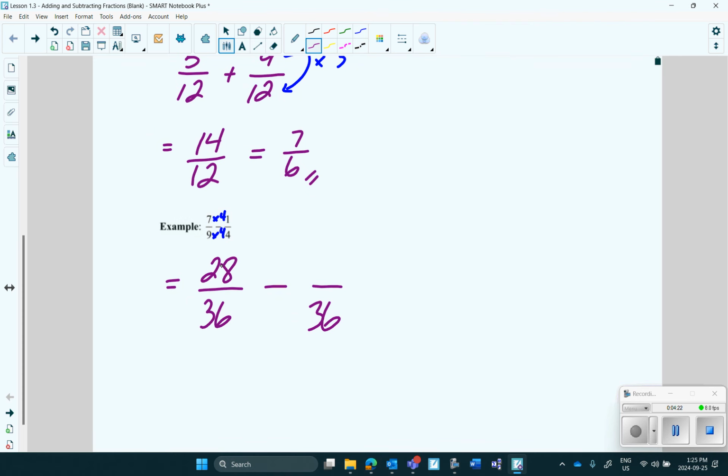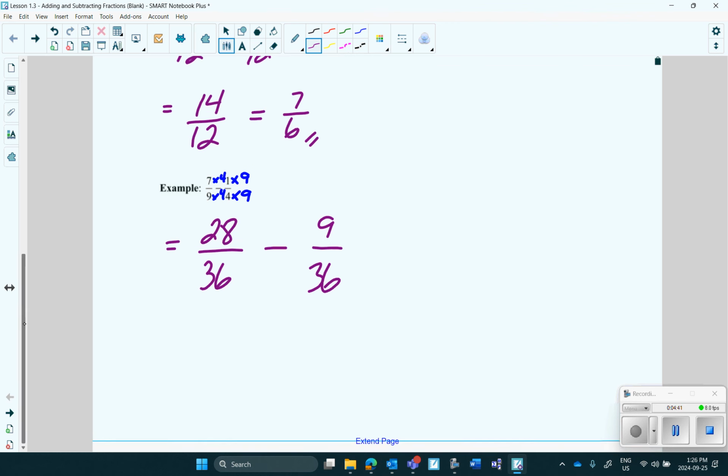And then for the second one, to get from 4 to 36, I have to multiply by 9, which means I got to multiply the numerator by 9. Keep it balanced, keep the values. So I get 9. Now I'm ready to subtract. The denominator stays the same, and then just subtract the numerators.